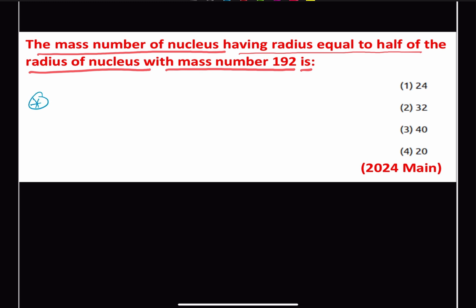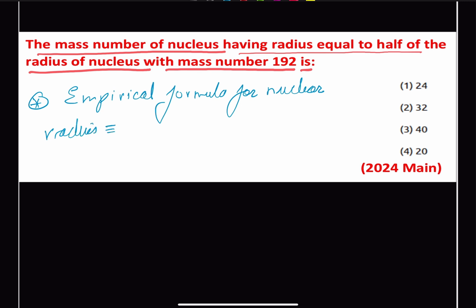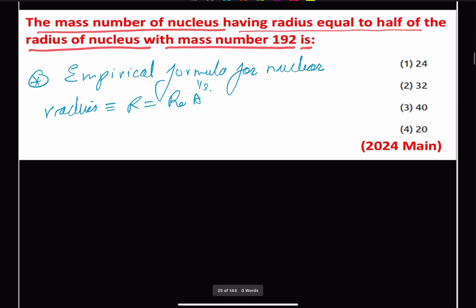The empirical formula for nuclear radius, if represented as r, is r equals r naught A raised to power 1 by 3, where r naught is a constant, A is the mass number, and this r naught constant is approximately equal to 1.2 Fermi, universally for all nuclei.